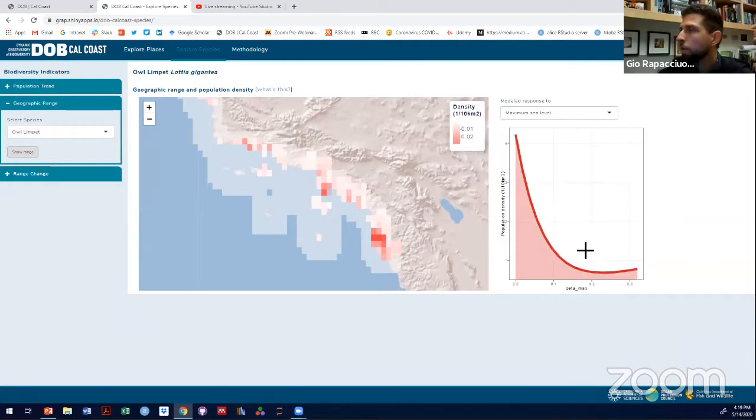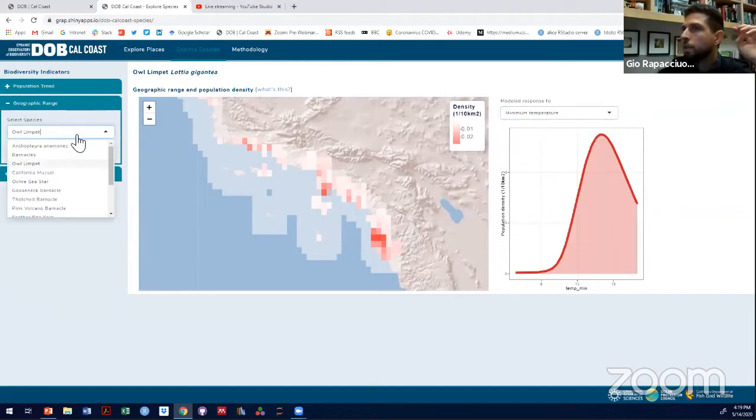So for example, we can look at sea level and see that the owl limpet wouldn't do so well: the estimated density is lower as maximum sea level rises. Perhaps I'm not making the conclusion because this is not a forecast, but perhaps sea level rise wouldn't be such a good thing for it.